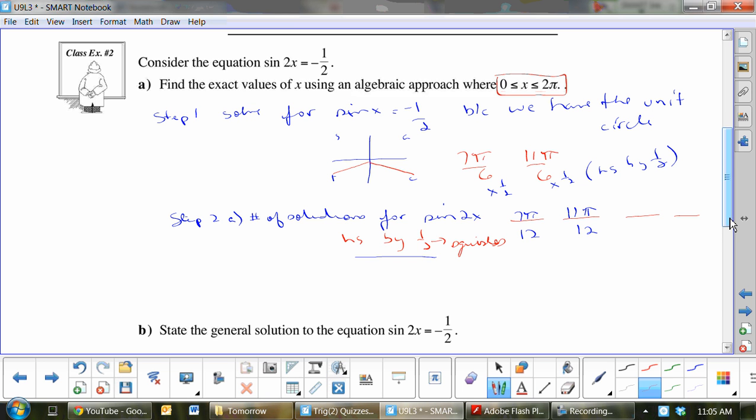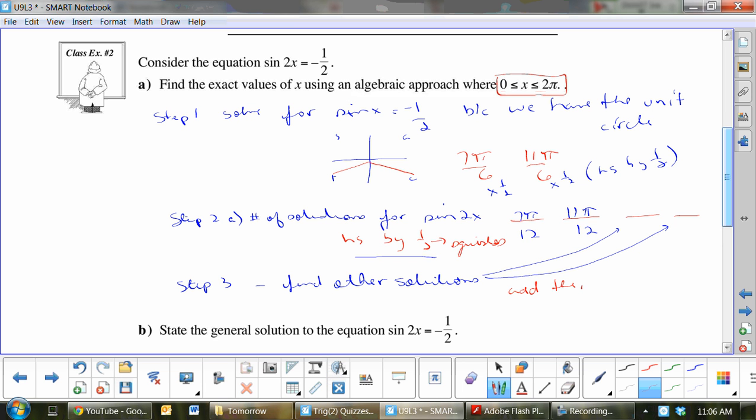Okay, now step 3 is find other solutions. How do I find those other solutions? No, we don't multiply it, do we? We're going to add what?